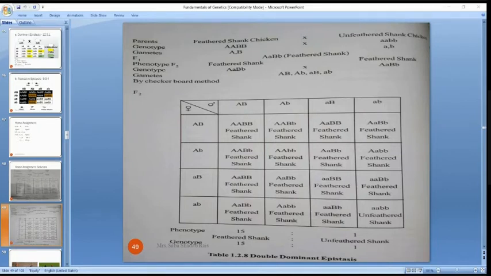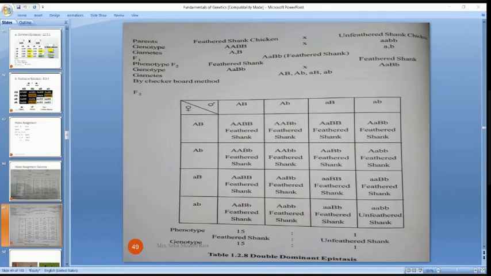Now double recessive, what will happen in the case of the double recessive? In the double recessive, you will observe that even in one case the hypostatic gene is there, and in one case you will observe capital A and capital B. If both are present, at that time you will observe the dominant trait, but only one type of dominant gene will not help.